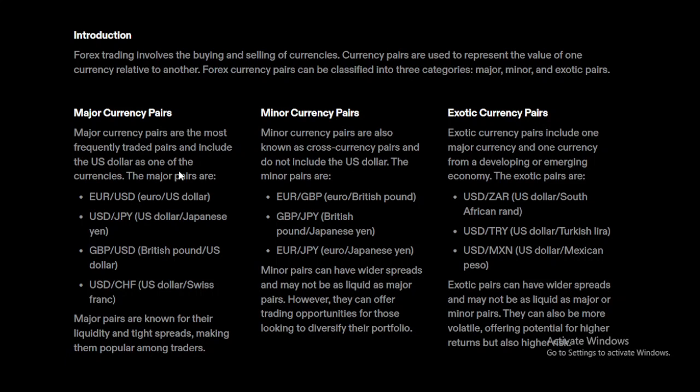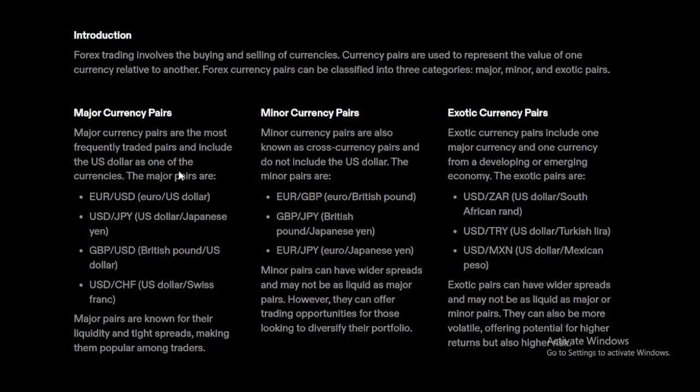Currency pairs are used to represent the value of one currency relative to another, that we said in the previous video, right? So Forex currency pairs can be classified into three categories. We have the major currency pairs, we have the minor currency pairs, and we have the exotic currency pairs.